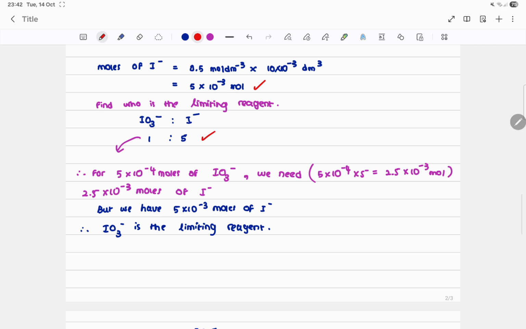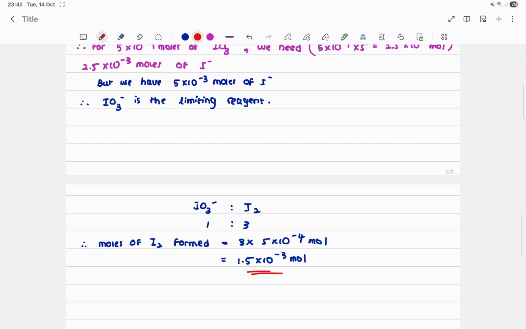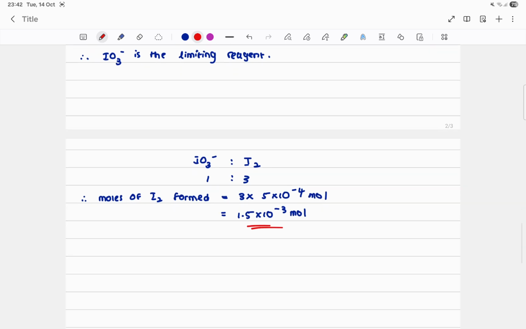Then we know the stoichiometry, and from it we can decide who is the limiting reagent. If you feel you don't have time to compare, then read the question twice. In the question they have given that the other two are in excess, therefore the limiting reagent is IO3 minus. We know the moles of IO3 minus, and IO3 minus to I2 is 1 to 3. Therefore, we can find the moles of I2 formed.